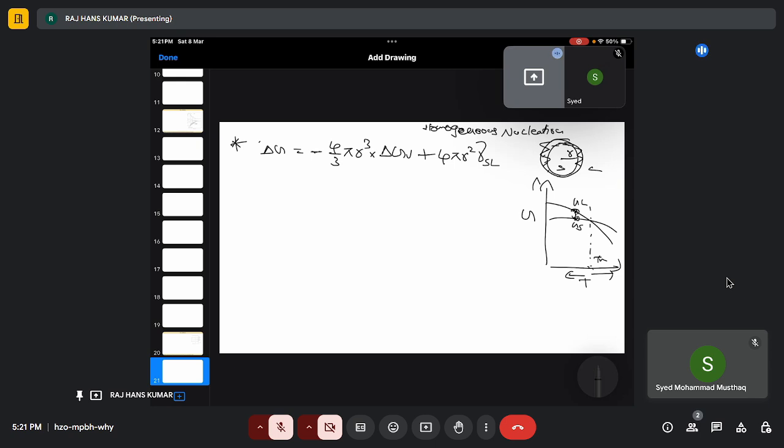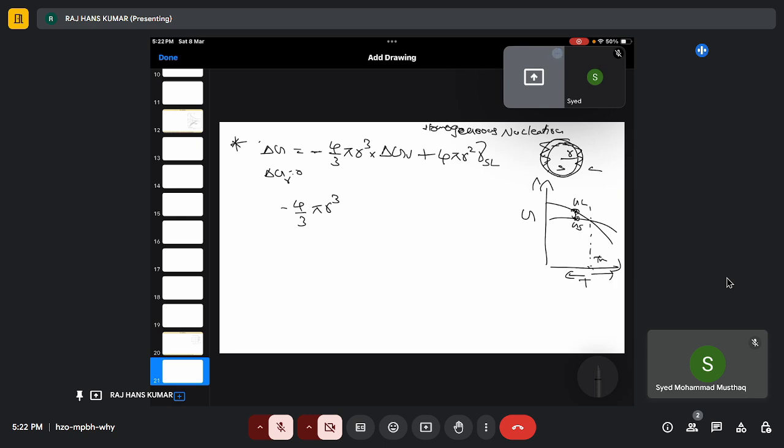Now, let's say delta G at radius R equals 0. What does that mean? Let's do that so we shall know.